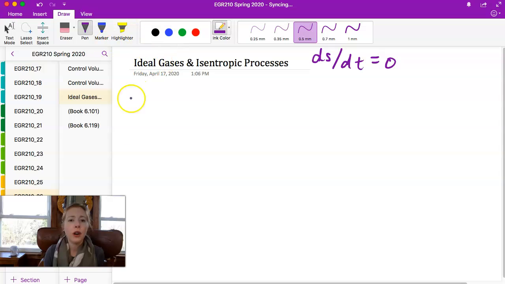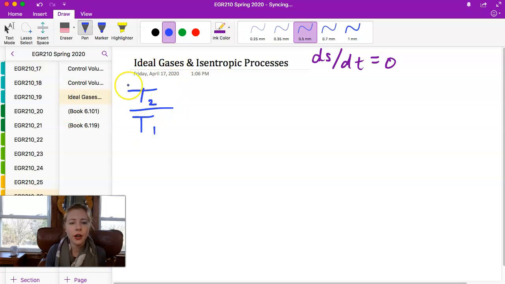And so for an isentropic process where we have an ideal gas as our working fluid, we have some simplifying equations we can use. And so those are that the ratio of T2 over T1.